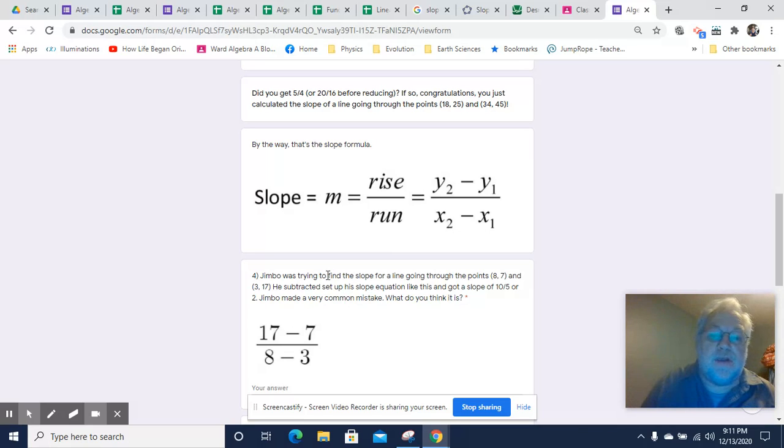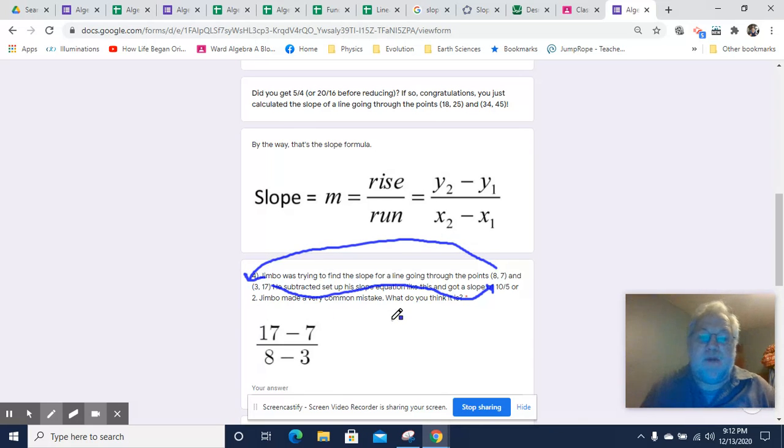So he took the points (8, 7) and (3, 17), and he went 17 minus 7 on the top, and then he went 8 minus 3 on the bottom.